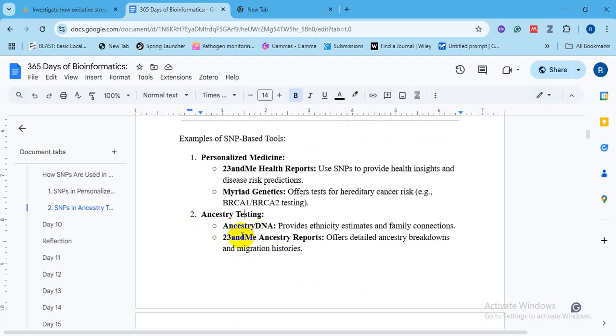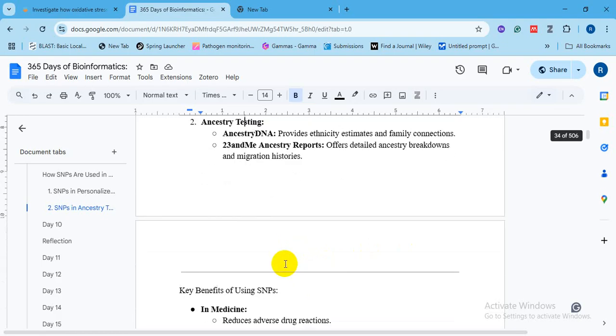Number 2, ancestry testing: AncestryDNA provides ethnicity estimates and family connections. The 23andMe ancestry report offers a detailed ancestry breakdown and migration histories.